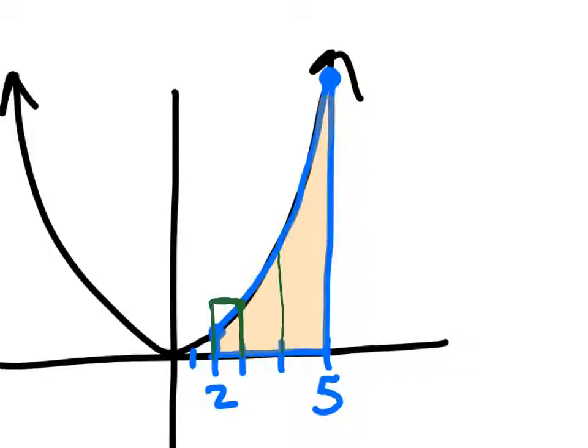Now, because this particular function happens to be increasing between 2 and 5, the upper sum will always hit the right-hand side of the rectangle.